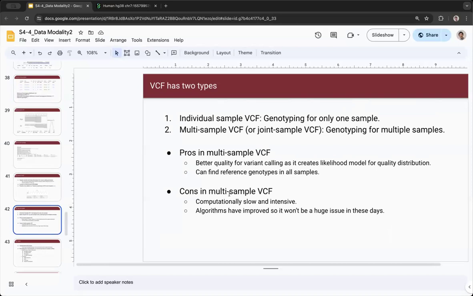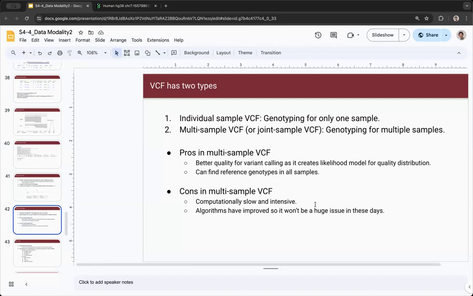What about the bad things about the multi-sample VCF? It is computationally slow and intensive. That's what I talked about in last year's lecture, but this year it is not, right? Last September, there was a new announcement from the Global Alliance, the international effort for making trustworthy science in the genomic field.